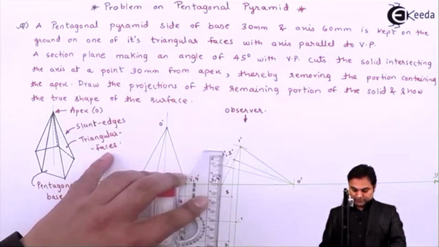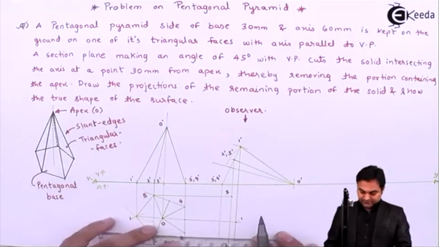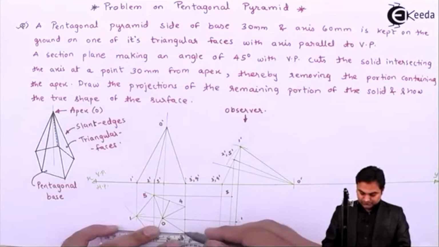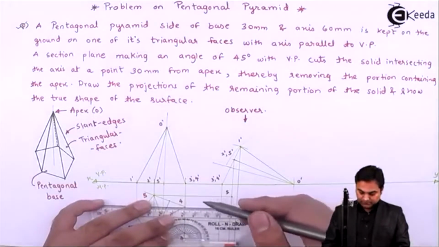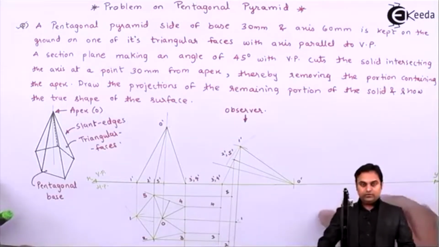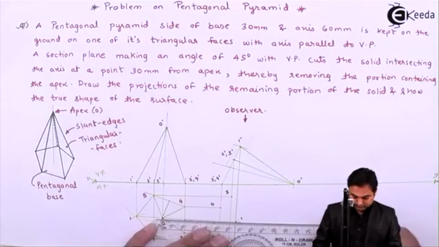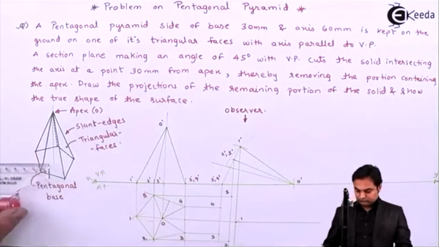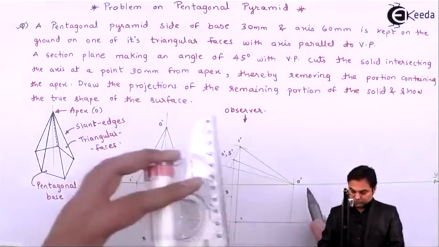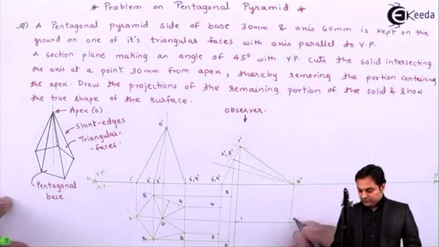So 3 dash, 4 dash will be projected down, point 3 and 4. Then O dash and O. So wherever O dash and O they intersect, that will give us point O.